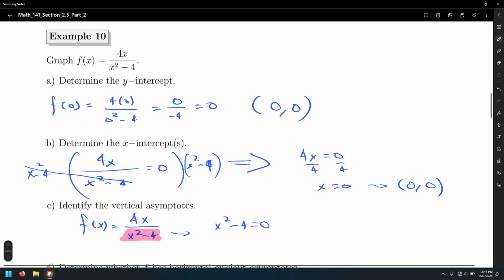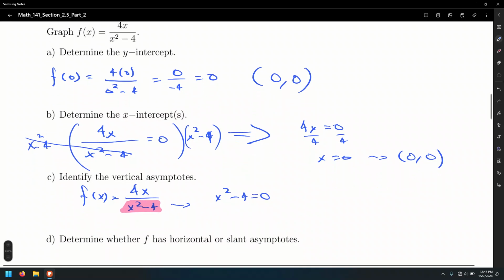There's a couple of ways to solve this baby quadratic equation, either by factoring the difference of squares or using, not the zero product, the square root property. x squared equals 4, and x equals plus or minus the square root of 4, which means x equals plus or minus 2. So there are two vertical asymptotes: x equals negative 2 and x equals 2.